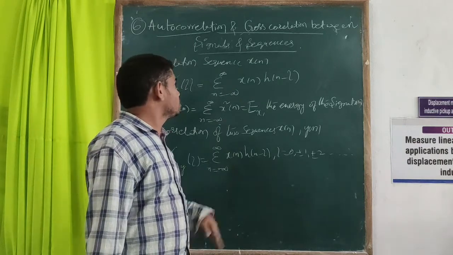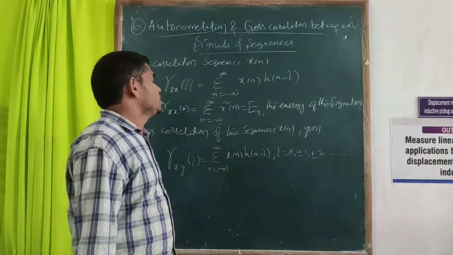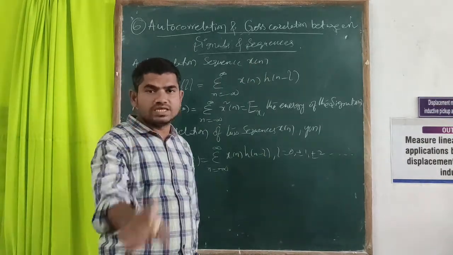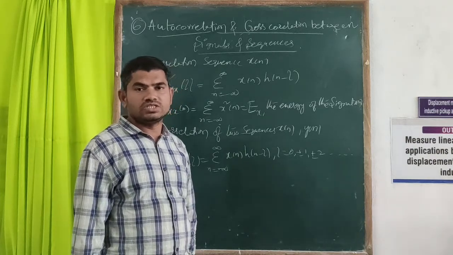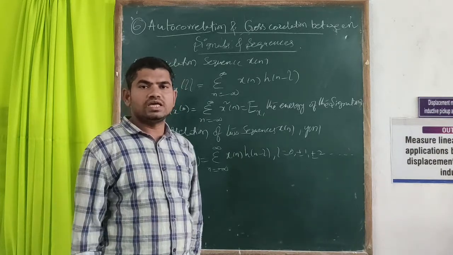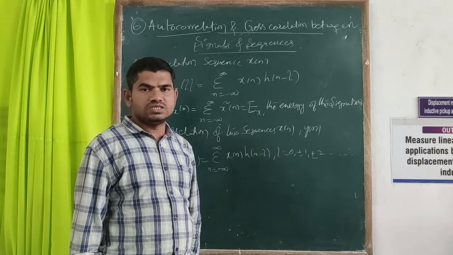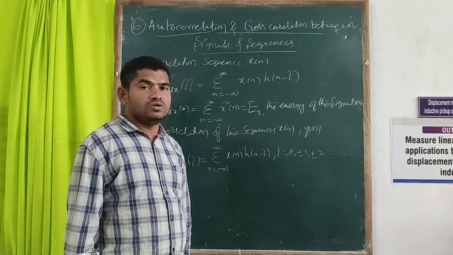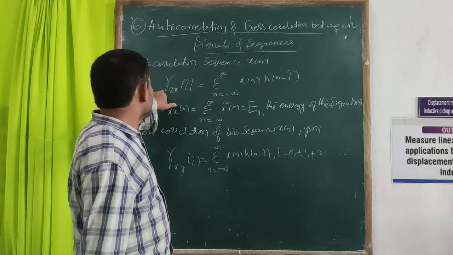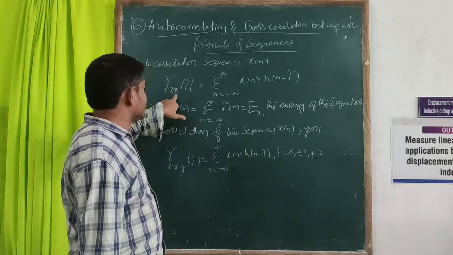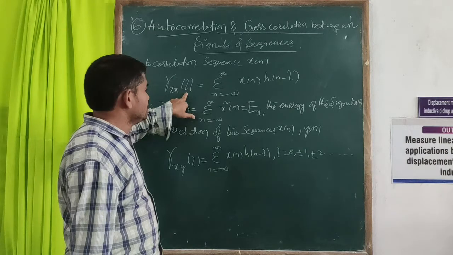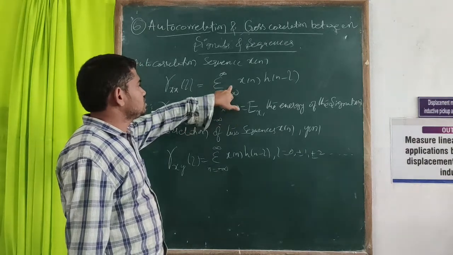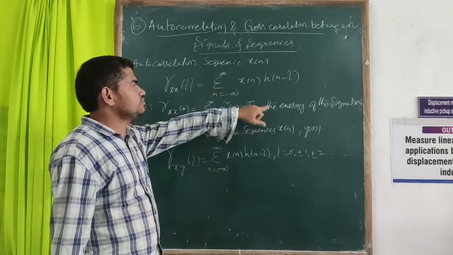For the autocorrelation of the sequence x of n, we require only one signal. The signal x of n itself acts as h of n. We write r of x x of L equals the summation from n equals minus infinity to infinity of x of n into h of minus n.